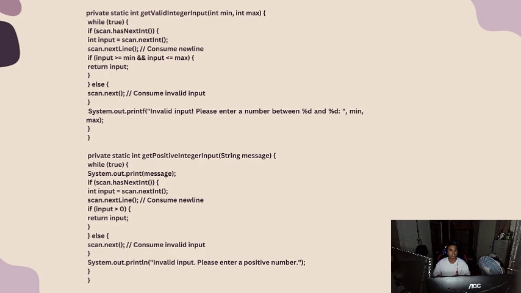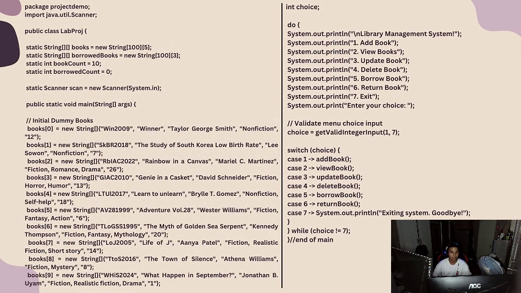The getValidInteger input function handles input validation, guaranteeing that the user selects a valid menu item from 1 to 7. The program follows modular design principles, with each menu choice corresponding to a different method, such as add book, view book, and so on. However, the implementation of these methods is not included here, except that the system continues to run until the user selects the exit option.